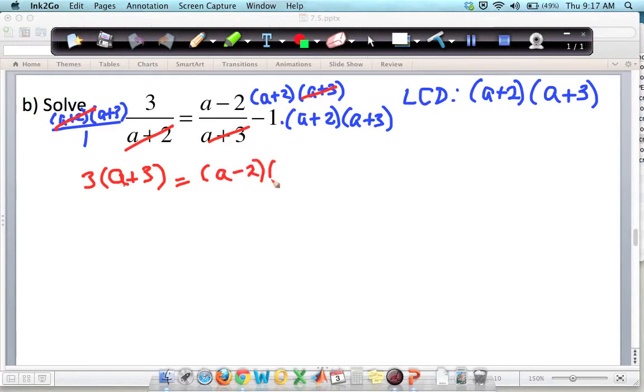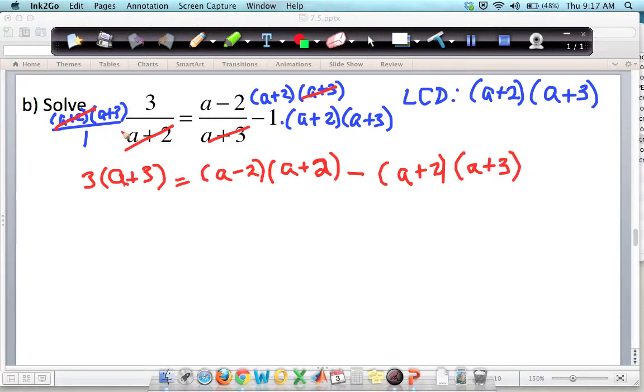So you're going to need to FOIL that out. Minus 1 times a plus 2, a plus 3, which is basically just a plus 2 times a plus 3. You are going to need to be careful with the negative sign though.